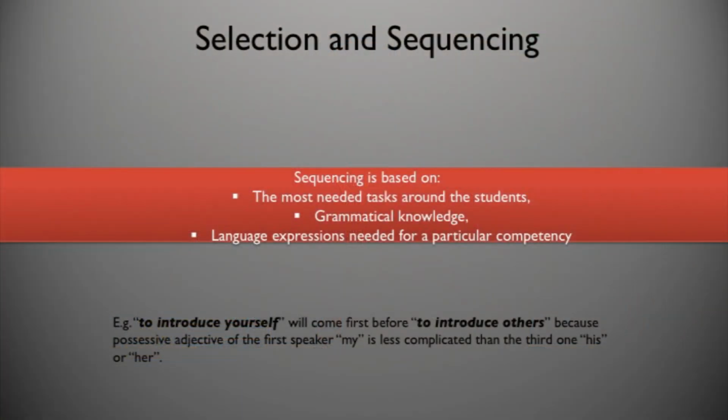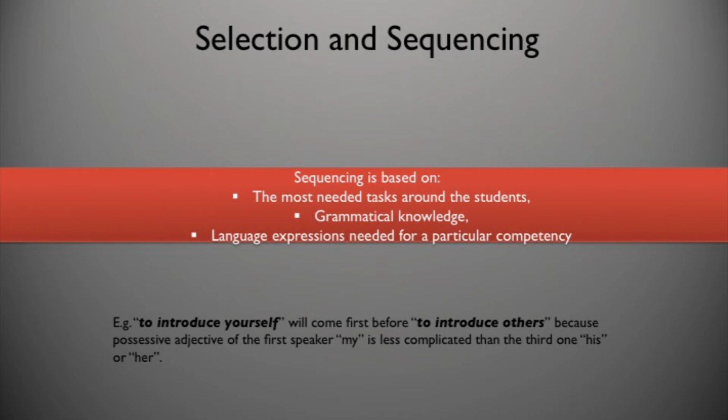And then, after we have a list of competencies to be included, the next step is to sequence it. And the sequencing is based on the most needed tasks around the students and also the grammatical knowledge and language expressions needed for particular competencies. Based on this sequencing criteria, for example, to introduce yourself will come first before to introduce others.